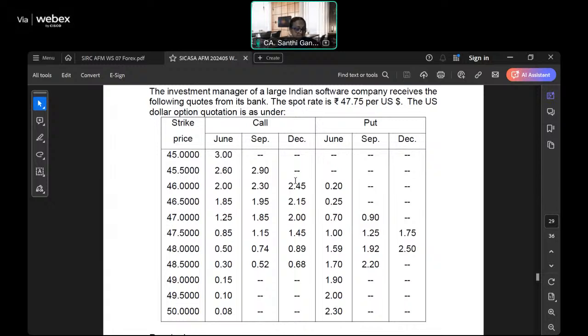And if you look at December, it is even more. The reason being the time value, as far as the strike price 46 is concerned, the intrinsic value is the same, but time value is different. Therefore, we know the option premium is made up of two, the intrinsic value and the time value. So accordingly, you find the premium details given.